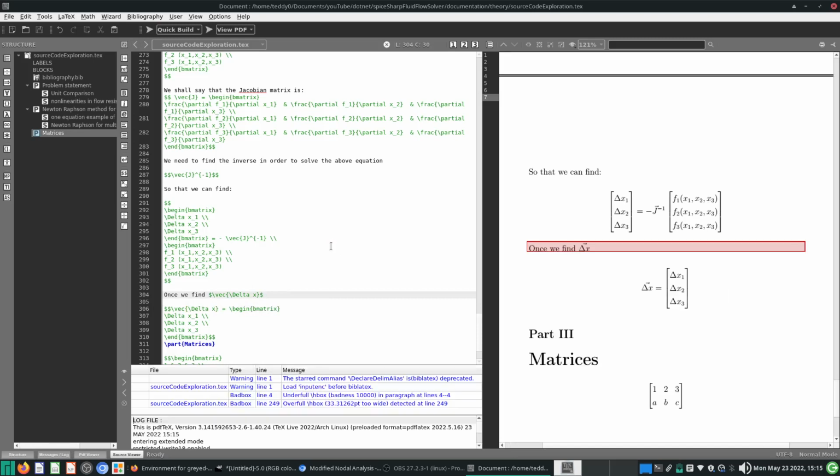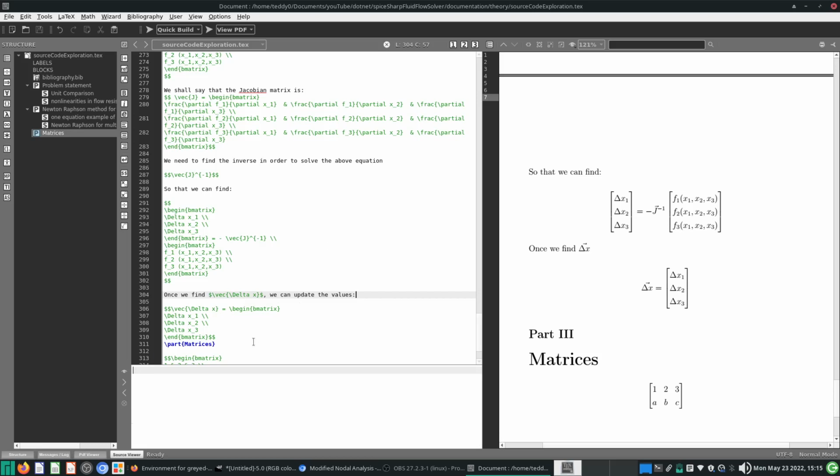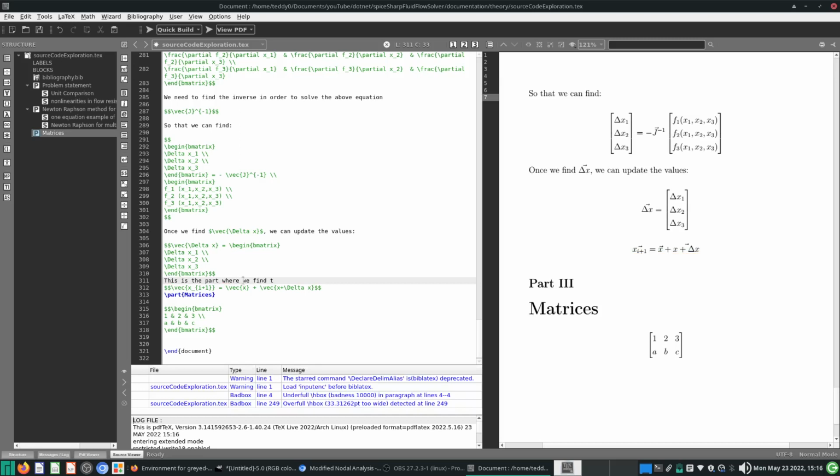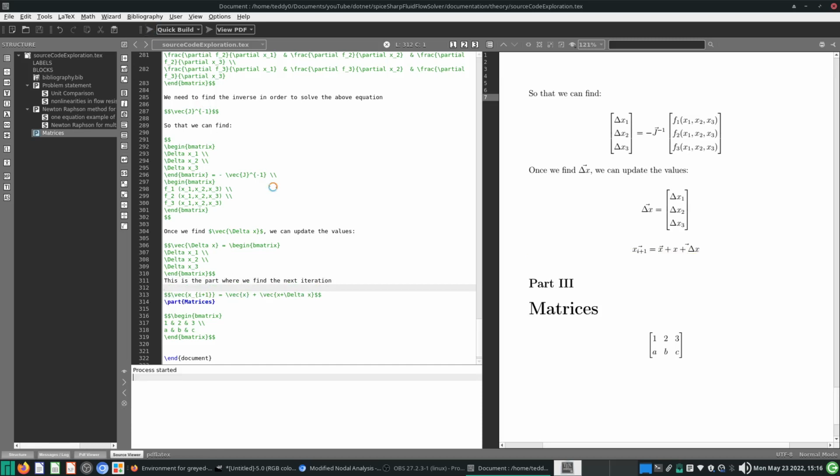Once we find the vector of delta x, we can update the values, such that vector x i plus 1 equals vector x plus vector delta x. So this is the part where we update. This is the part where we find the next iteration. So this is essentially what we are doing.